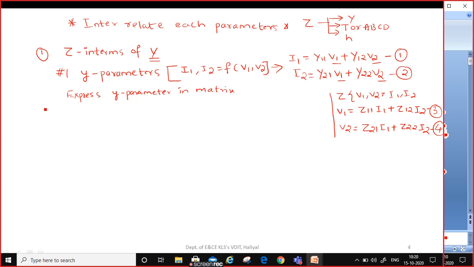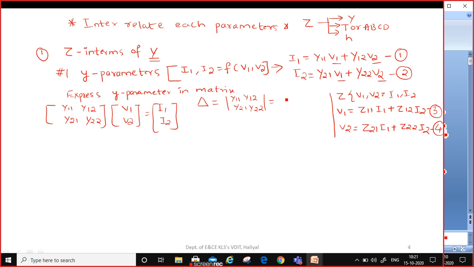So if I write it in matrix form, I will get y11, y12, y21 and y22 multiplied by v1 and v2 equal to I1 and I2. If you take the determinant here, delta will be y11, y12, y21 and y22.